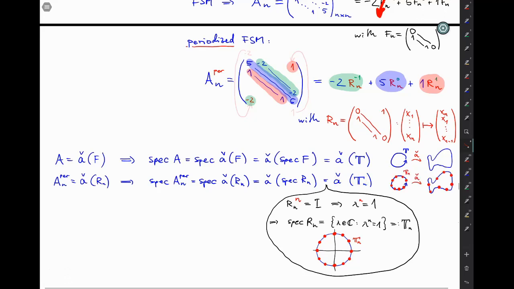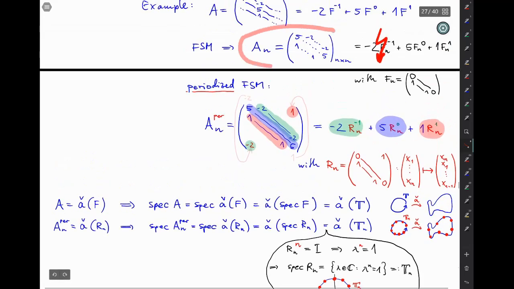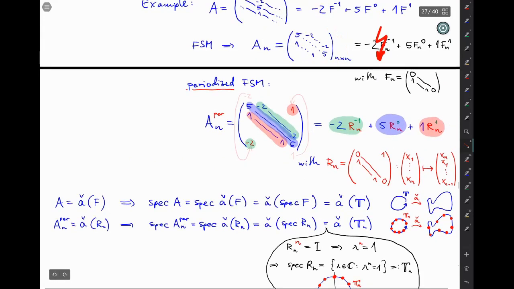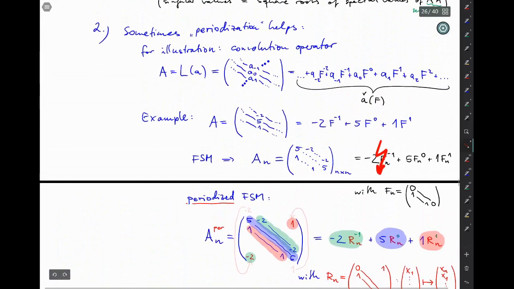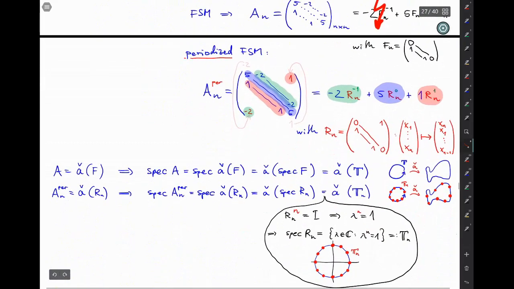But it seems pretty clear that when you increase your n, then these dots become denser and denser on the unit circle, and thereby these dots should approximate the true answer better and better, unlike what you get when you're using non-periodized finite sections. Okay, so for convolution operators, this is all pretty clear, and you can prove it on one page.